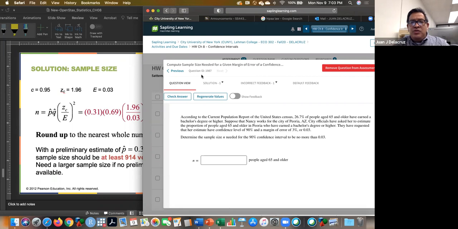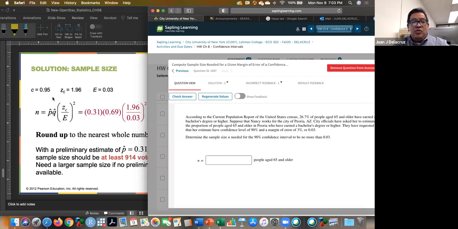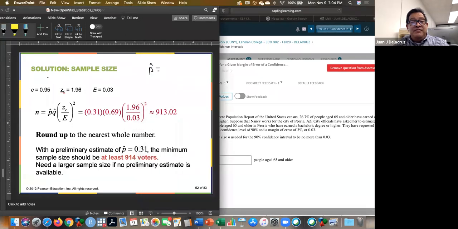So I would use the P to compute these values, P and Q. And then I have the confidence level, 90%, and I have the margin of error. So all I need to find is the z-score.